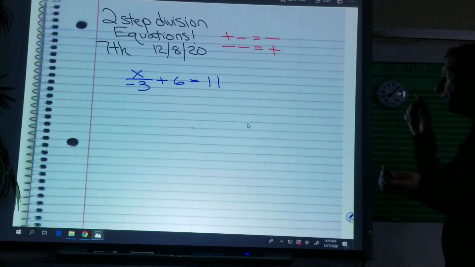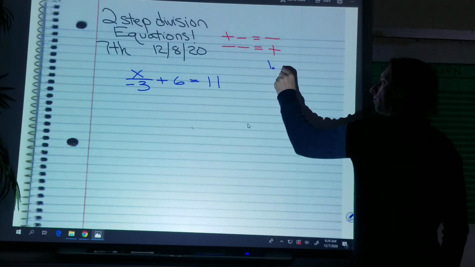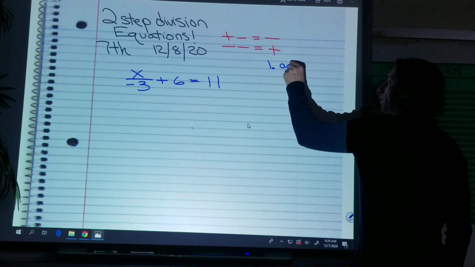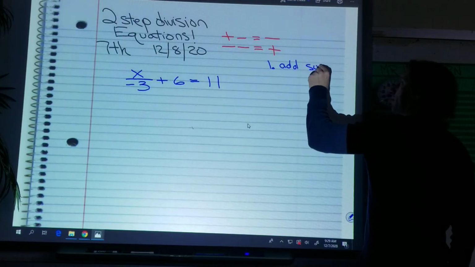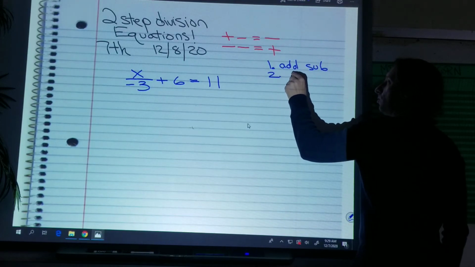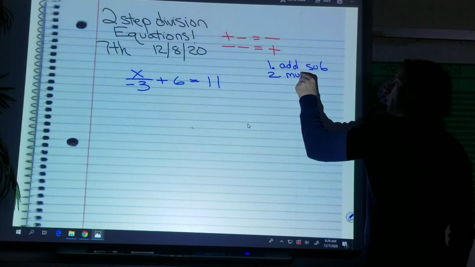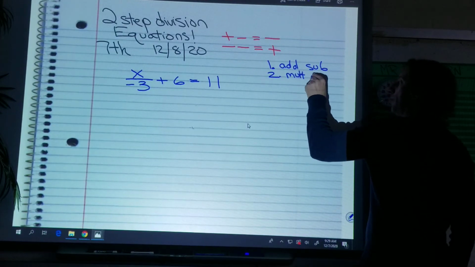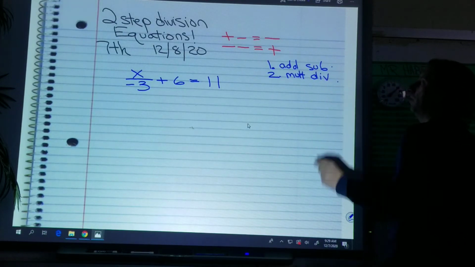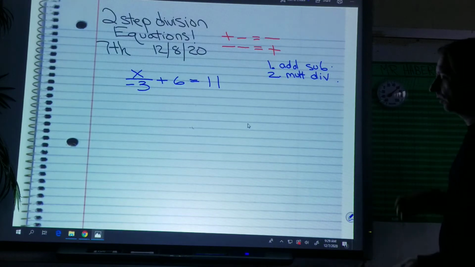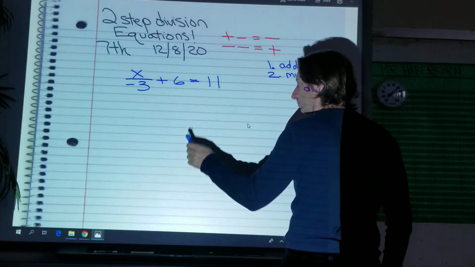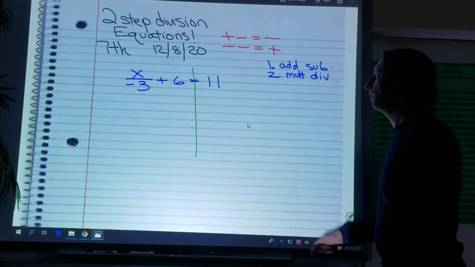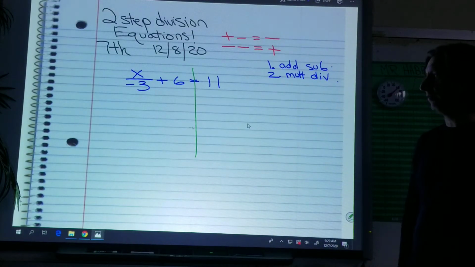All right, so two-step equations. We know step 1 is add and subtract. And step 2 is multiply and divide. All right? So we draw our line. And we want to add and subtract first, right?